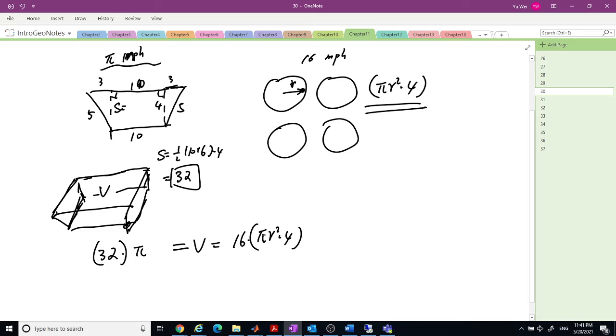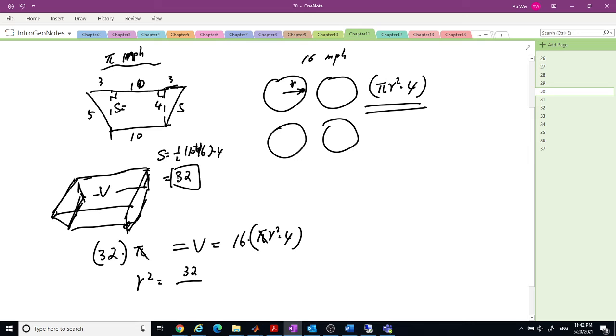Now through this, we can solve r squared. So r squared is equal to 32 over the... oh, okay, I made a mistake here.